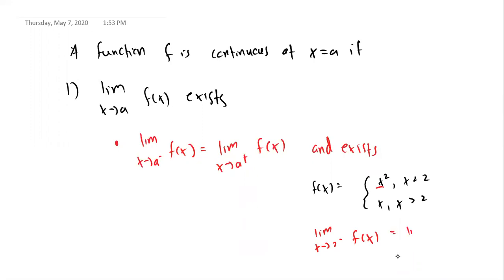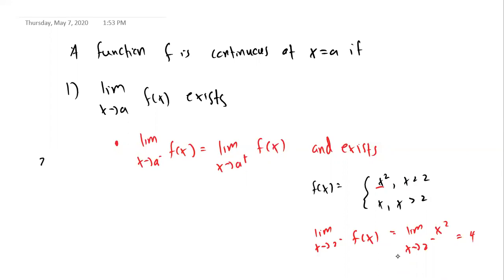So this would be the same as the limit as x approaches 2 from the left of whatever function it is for x values less than 2, which is x squared. This is continuous, right? It's a polynomial, so you can just plug in the value for the limit. So this would be 2 squared, which is 4. So that's the first thing for continuity.